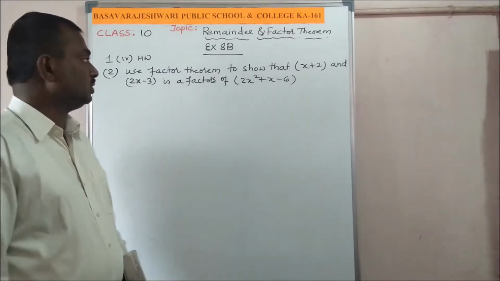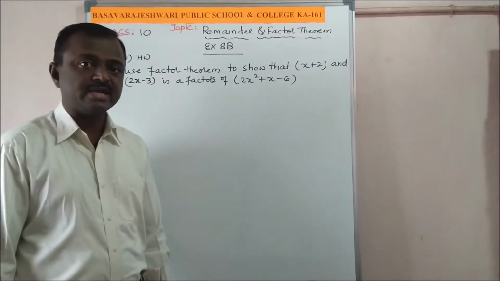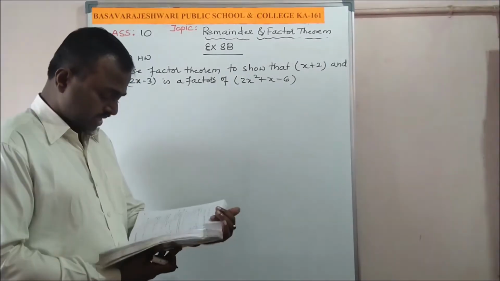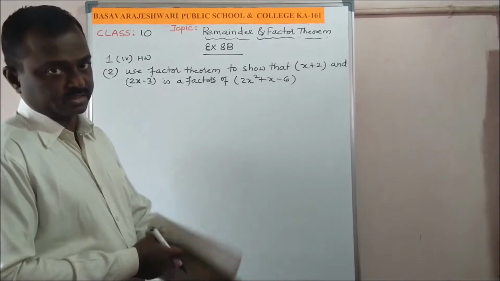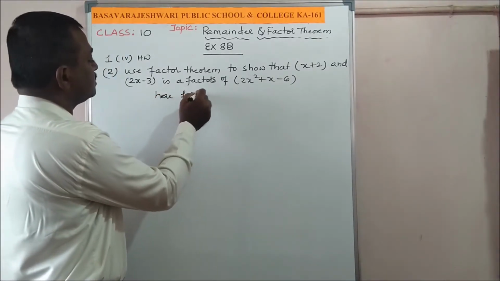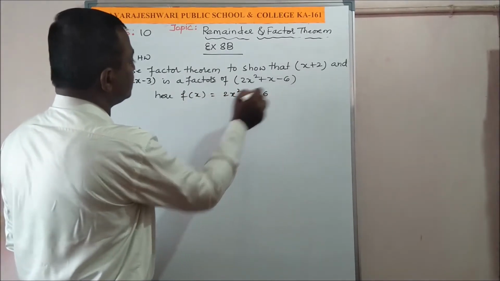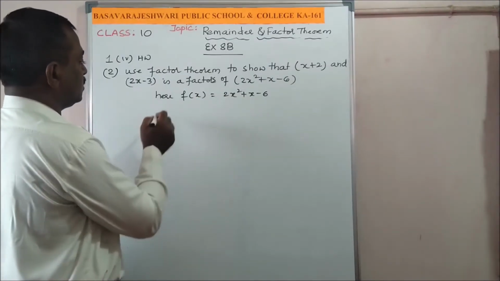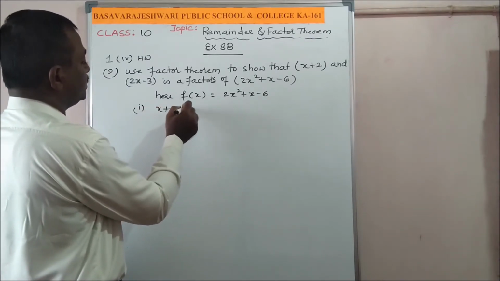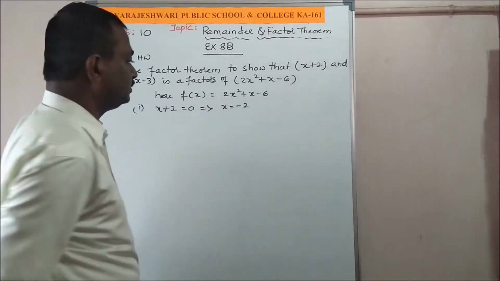Second question: use the factor theorem to show that x plus 2 and 2x minus 3 are factors of 2x squared plus x minus 6. Here f(x) is equal to 2x squared plus x minus 6. Let us take them one by one. First, x plus 2 is equal to 0, which implies x is equal to minus 2.